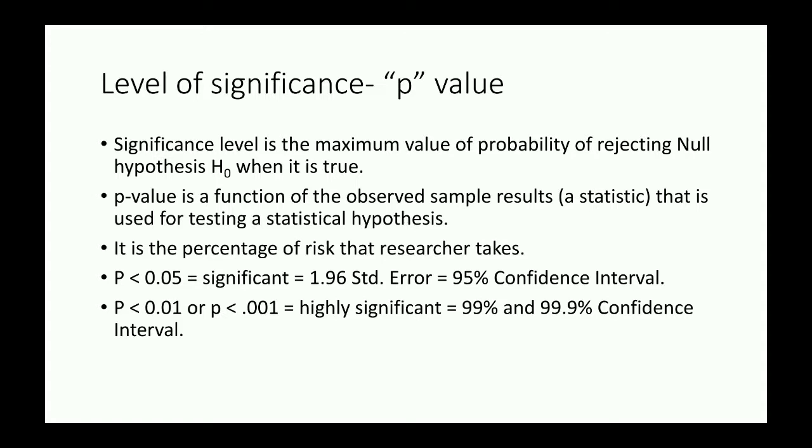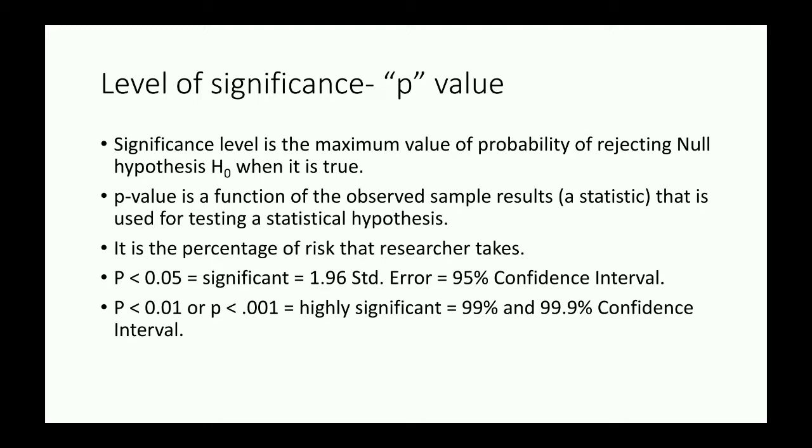Or in other words, you can say that there is a 95% confidence interval that your results will lie within the range that you are specifying. So if you are taking 5% significance, that means a p-value of less than 0.05, it means the result is significant and the standard error is 1.96. In other words, we can say that a 95% confidence interval is there.